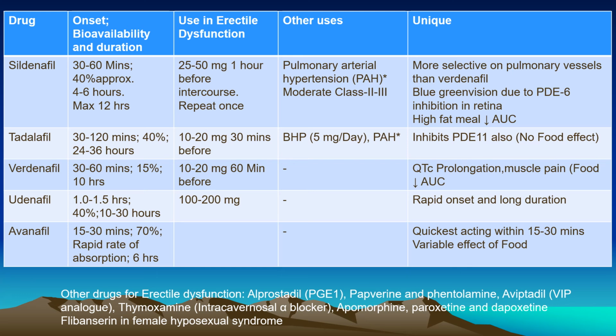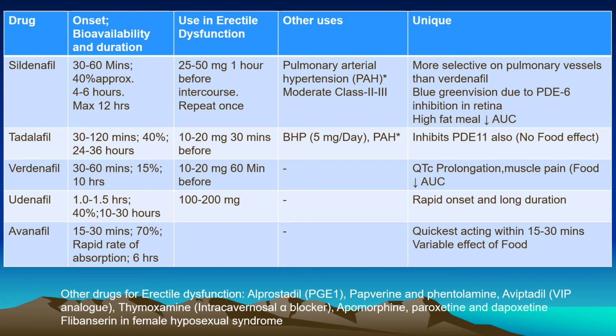Just to complete the list, a large number of other drugs are also promoted for the treatment of erectile dysfunction. Prostaglandin E1 analog alprostadil, papaverine, phentolamine in pipe therapy, aviptadil is a VIP analog, thymoxamine is an intracavernosal alpha blocker, apomorphine works centrally, paroxetine and dapoxetine are SSRIs, selective serotonin reuptake inhibitors.